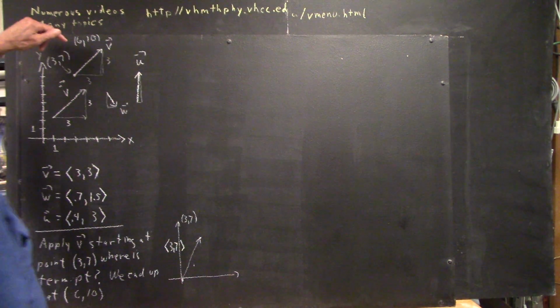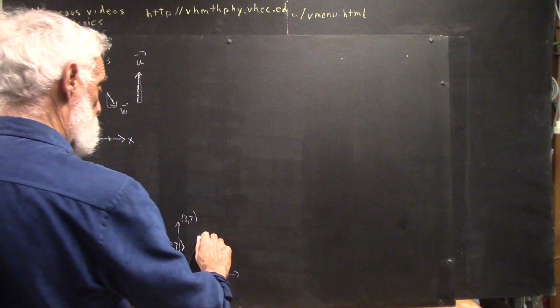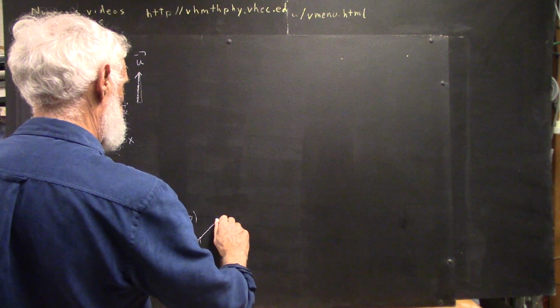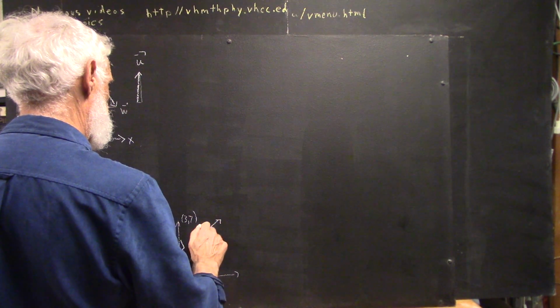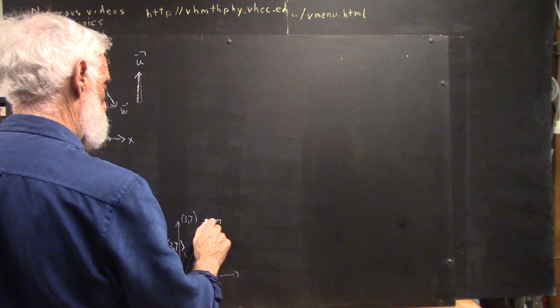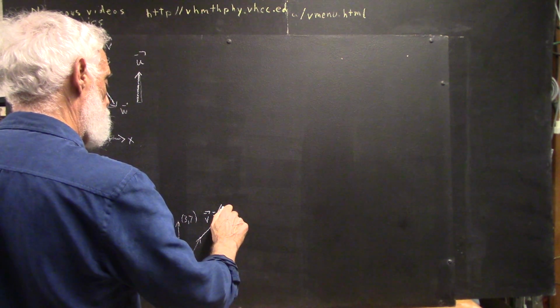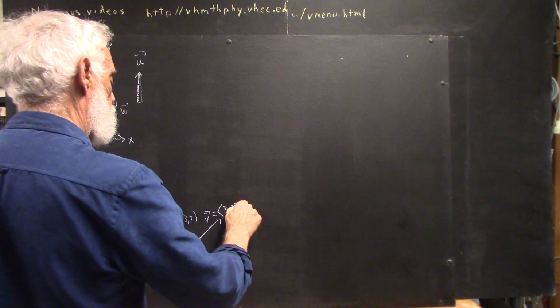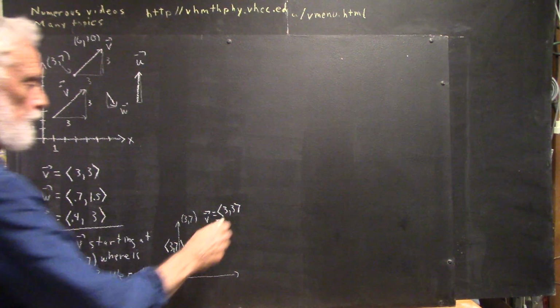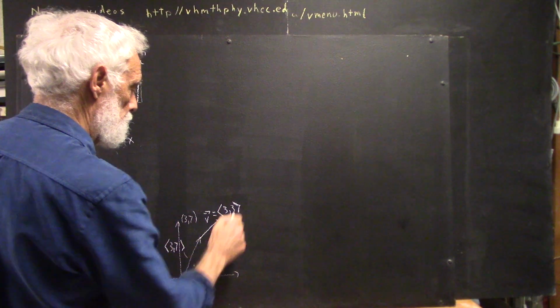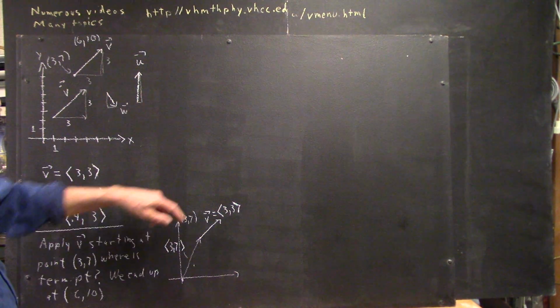And to that we add the vector v. And of course the vector v is the vector with components 3, 3. That looks like a 3, 7 or something, but let's just make it a little bigger. Okay?